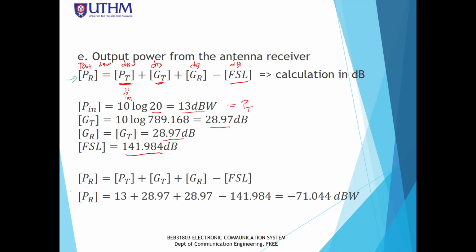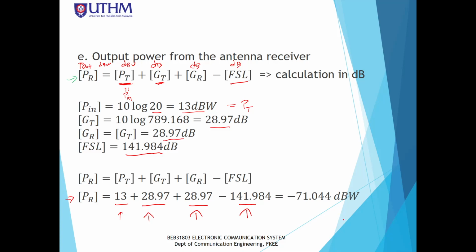Power received is equal to 13 dBW plus GT 28.97 plus GR 28.97 minus 141.984 dB. So be careful here. Every parameter here is in terms of decibel.